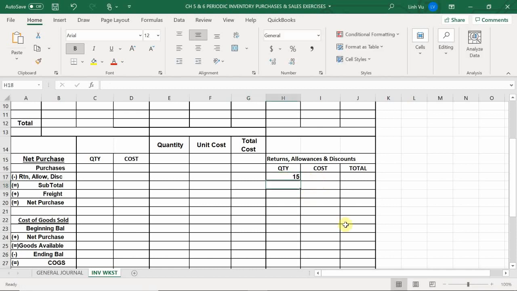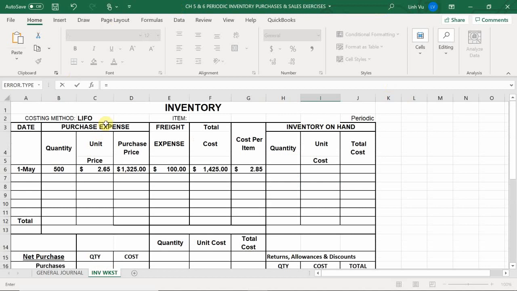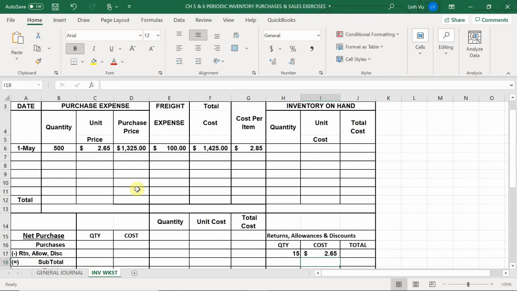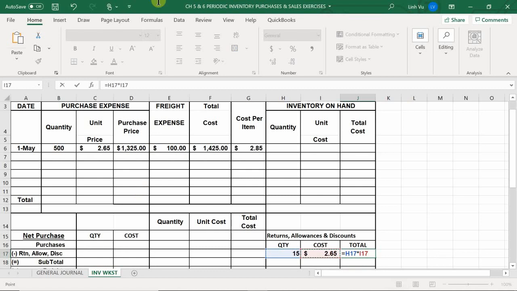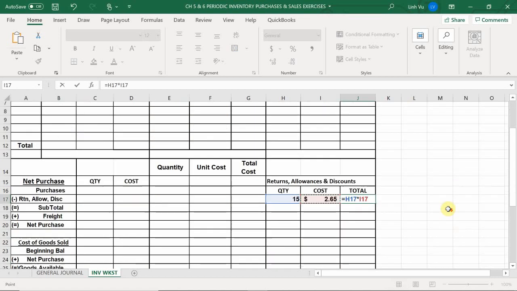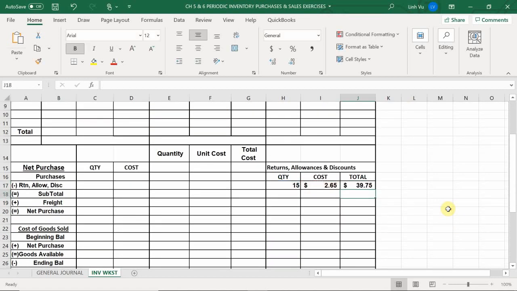Now, at what cost did I originally purchase my inventory for? 2.65. So then what is my total returns here? It's 39.75.